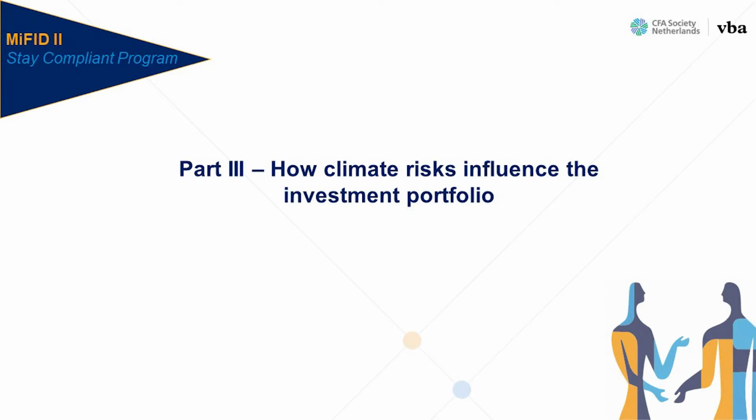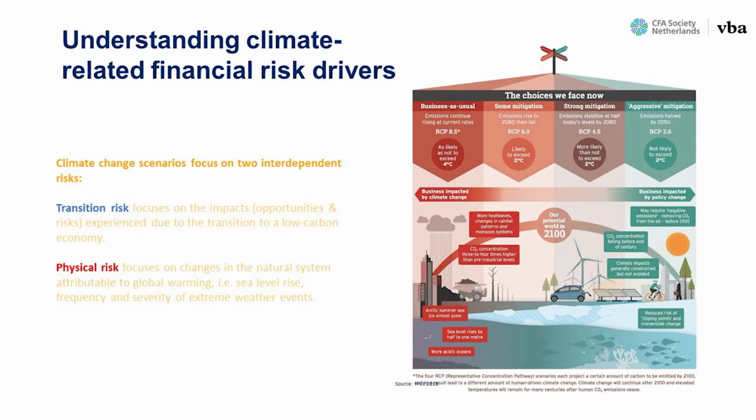Part 3. How climate risks influence the investment portfolio. What is climate risk, and are there different types of climate risks? Climate risks are those associated with mitigation and adaptation. While mitigation focuses on society's transition to a low-carbon economy, adaptation focuses on adapting society to a changing climate.